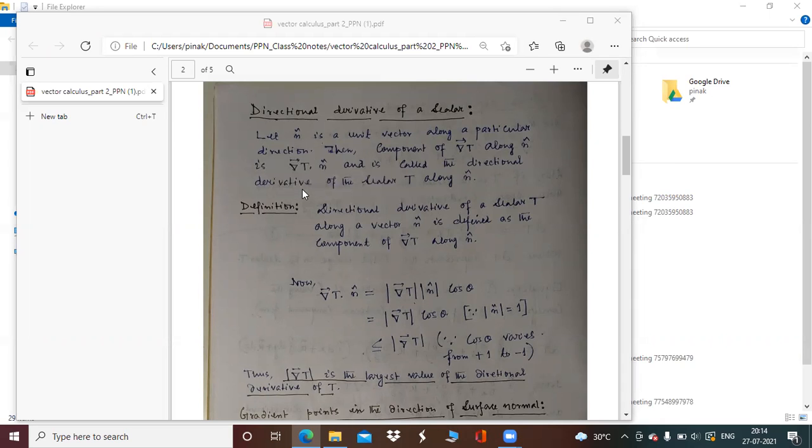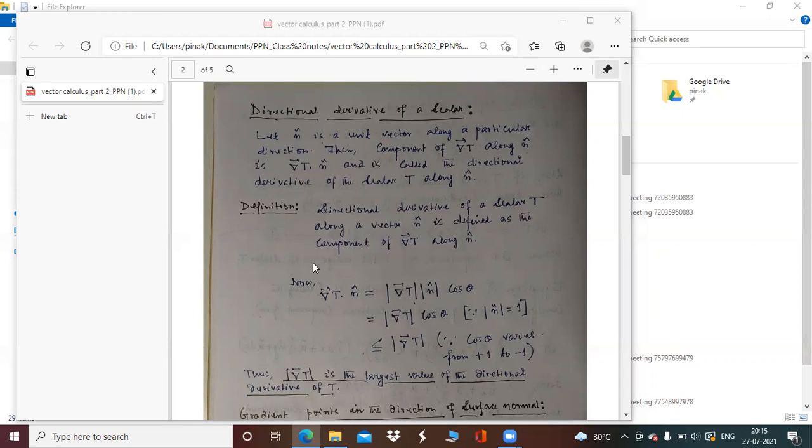So the definition stands as: the directional derivative of a scalar T along a vector n cap is defined as the component of grad of T along n cap. So this is the simple definition of directional derivative of a scalar.